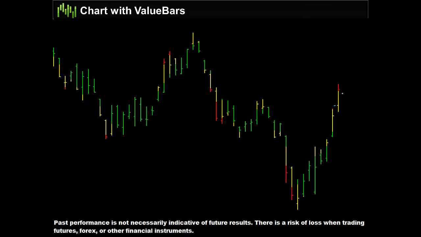So you still have the open, you still have the close, you still have the high, you have the low, but you know automatically where it falls within the 5 value zones based on the color of the actual bar. Okay, and this greatly aids you in identifying both price and value very quickly. Speed is important, especially when we're trading intraday.